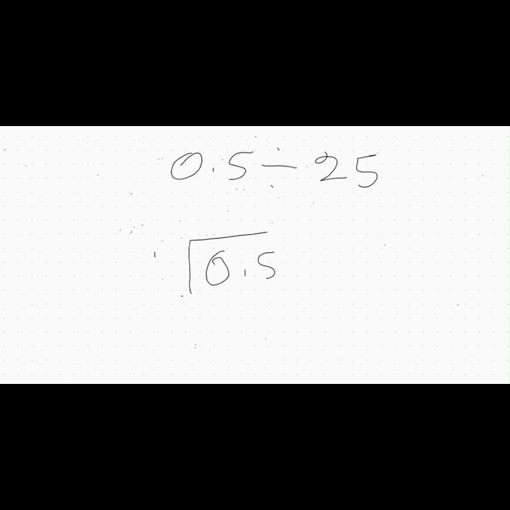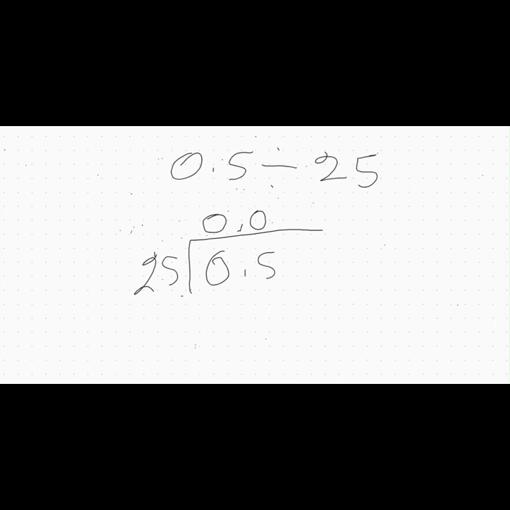In this situation, 25 is larger than 0, so it's going to be here. You're going to place your decimal. 25 is larger than 5, so this is going to be a 0.